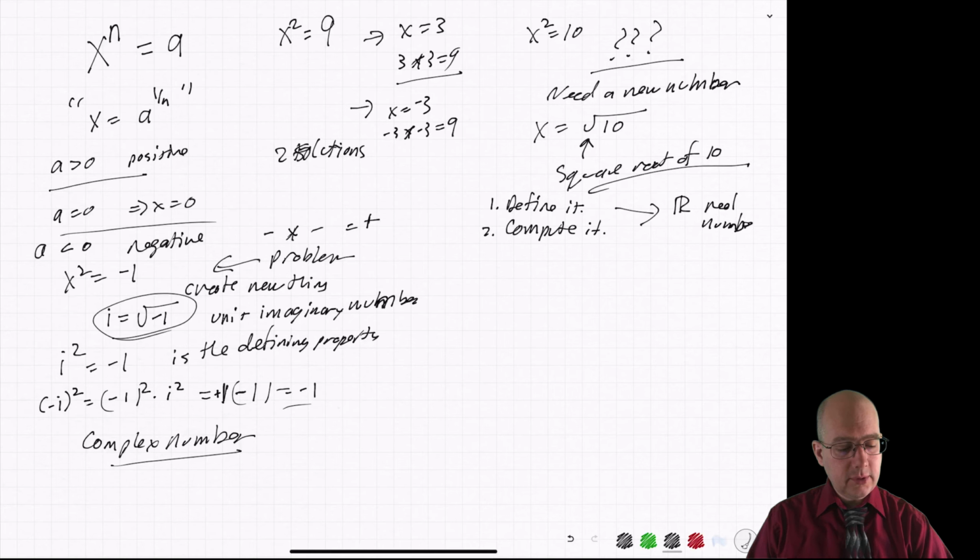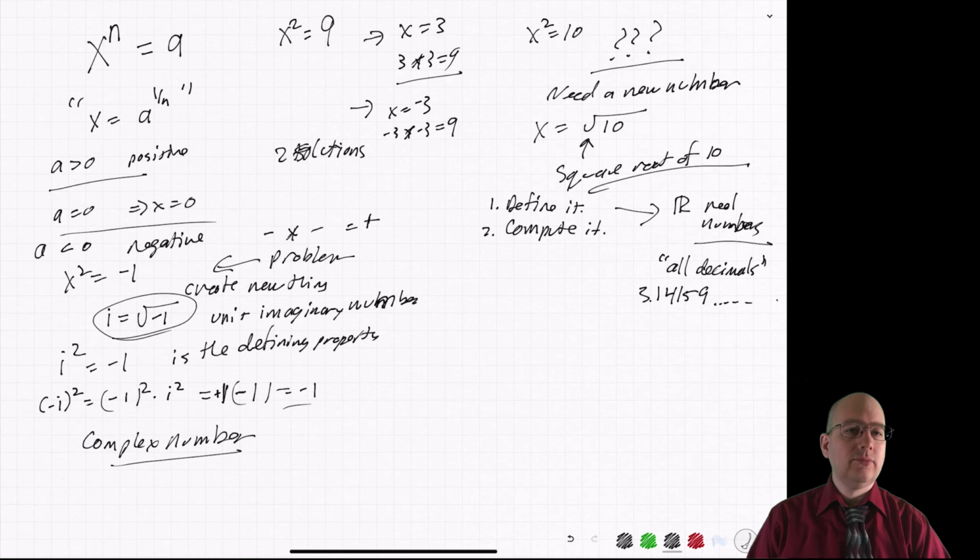I'll have to say that language now. And this is basically all decimals. So 3.14159. Right, so that's like pi. The decimal expansion goes on forever. Including that in there, that's a real number.